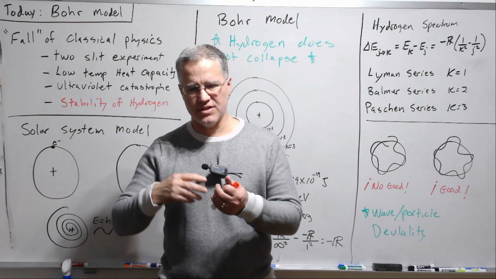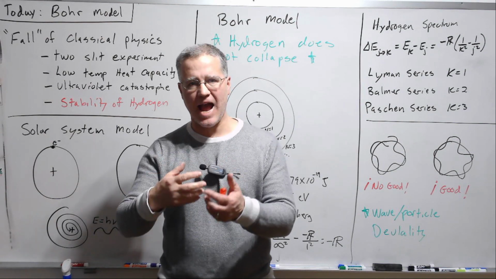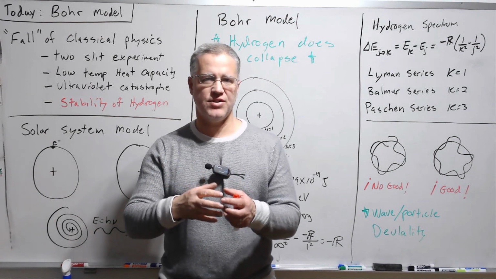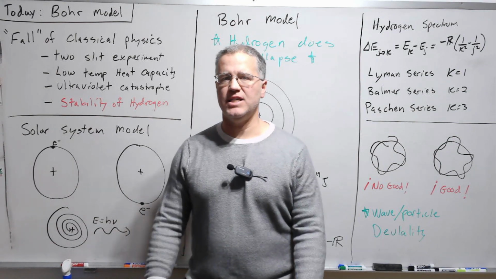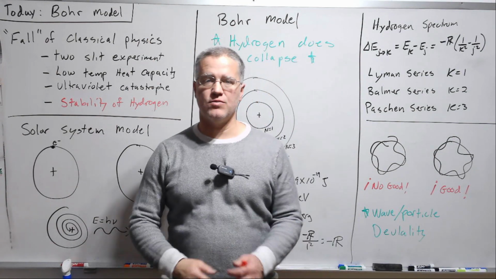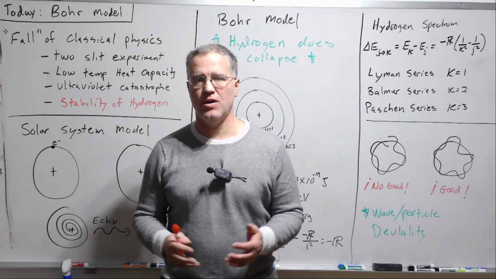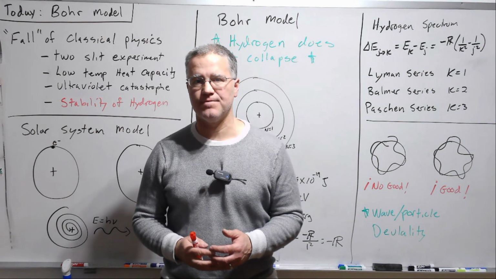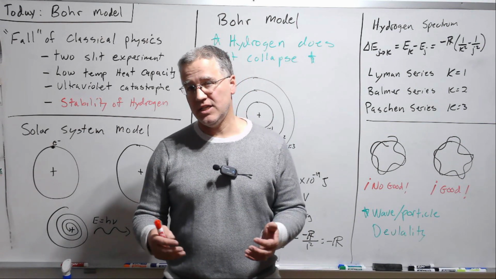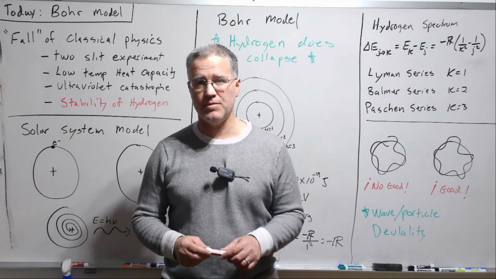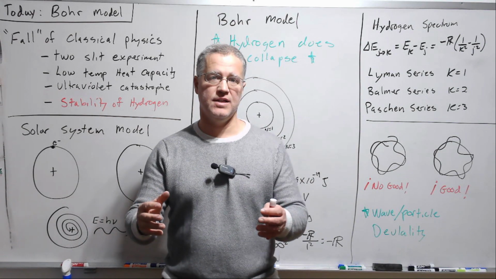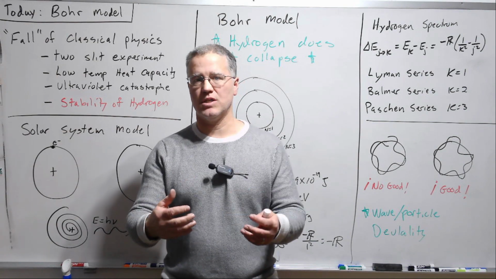Then there was a period where we were trying to patch the classical theory to match some of these new ideas. And the Bohr model, which is what we'll be talking about today, is one of those examples of a patch. Now, in the 1920s, the development of an entirely new theory finally arose, and that was quantum theory.